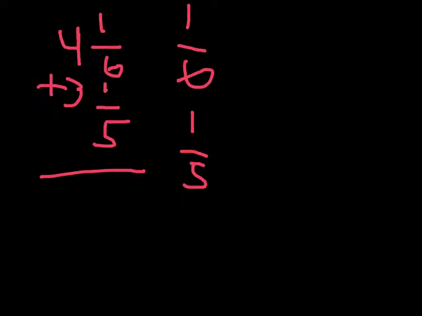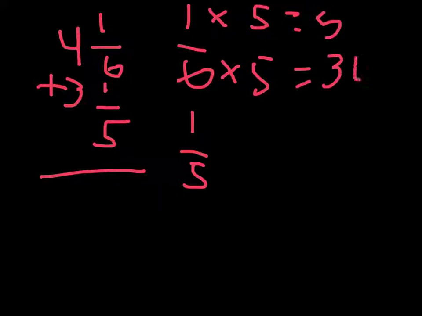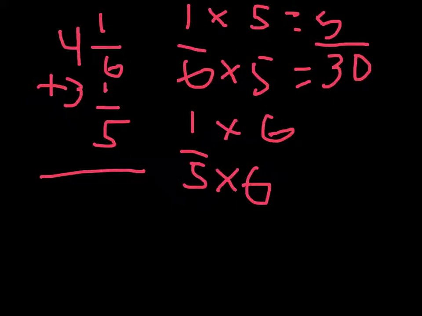So here, you would do 6 times 5 to get 30, and then we do 1 times 5 equals 5, and 6 times 5 equals 30. So 5/30. Now we'll do 5 times 6 because that equals 30, and we'll do 1 times 6 because whatever we do to the bottom, we do to the top.